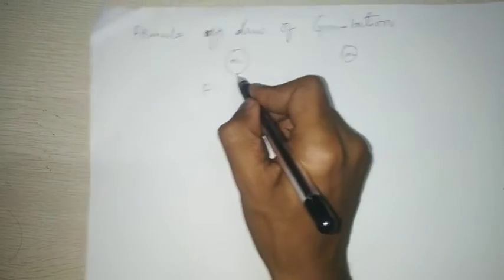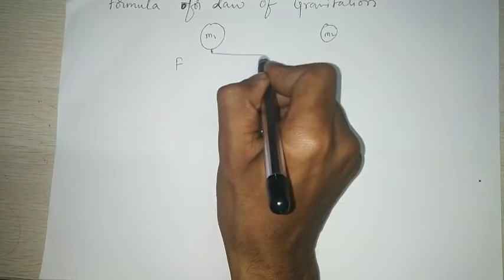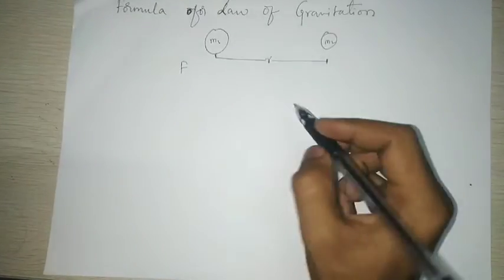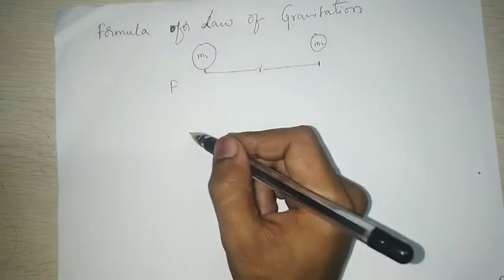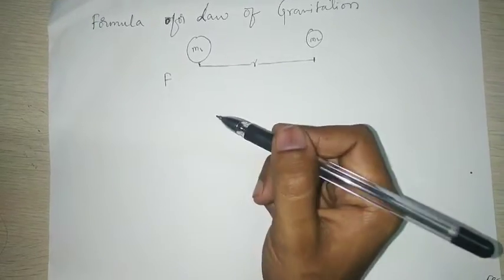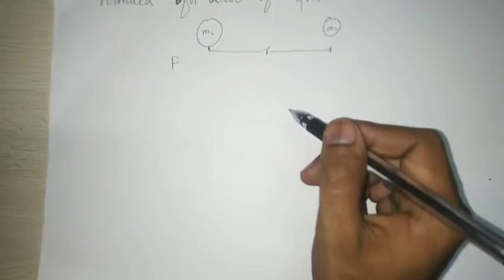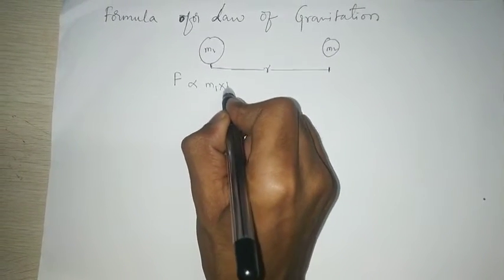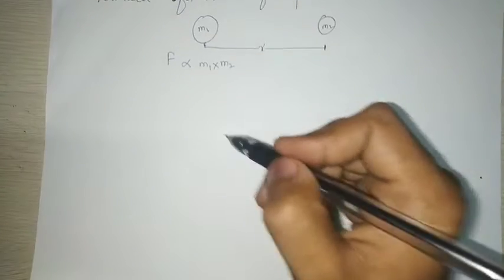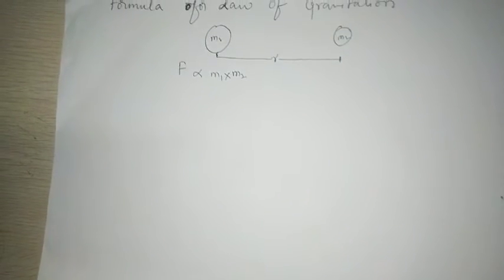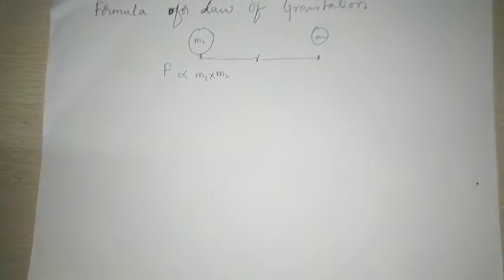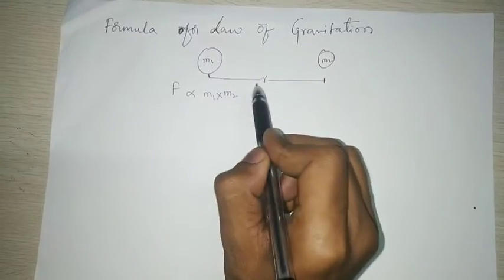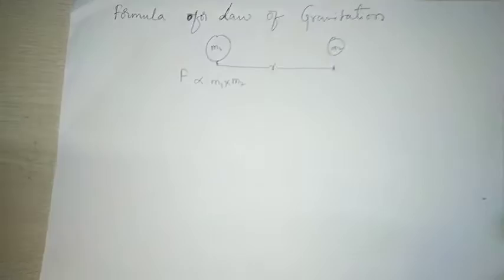The distance between the centers of their masses, let's consider this R. The gravitational force F is directly proportional to the product of their masses, because as the mass increases, the force increases. That's why we are using the product of the masses of the objects we are considering.